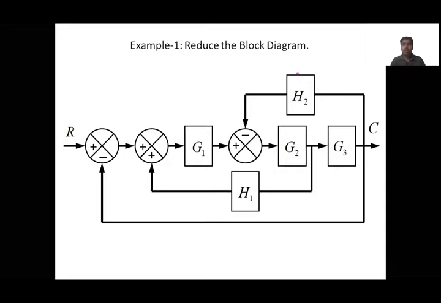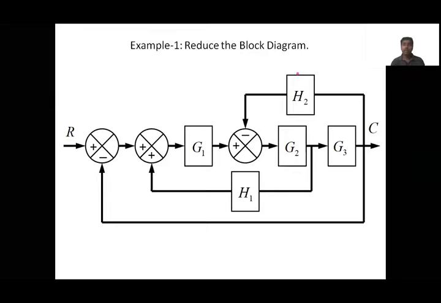If you see G1, G2, in the middle we have a summing point. Between G2 and G3 we also have a takeoff point. And G3 and G1 are very far apart, with many blocks in the middle. So we can't say any two of these are in cascade.